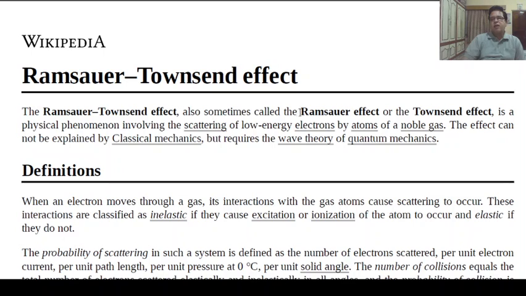The Ramsauer-Townsend effect, also sometimes called the Ramsauer effect or the Townsend effect, is a physical phenomenon involving the scattering of low energy electrons by atoms of noble gases. The effect cannot be explained by classical mechanics but requires wave theory or quantum mechanics.